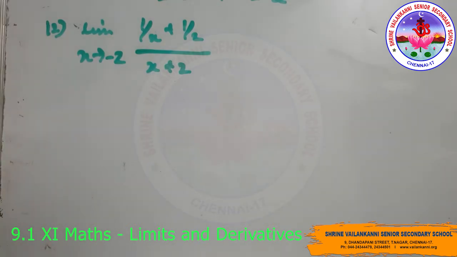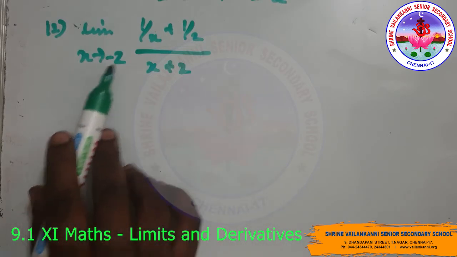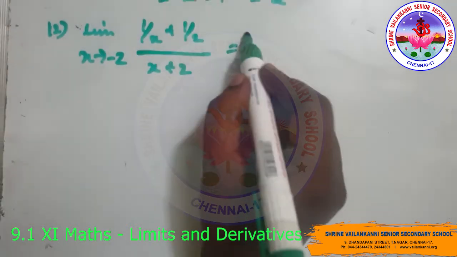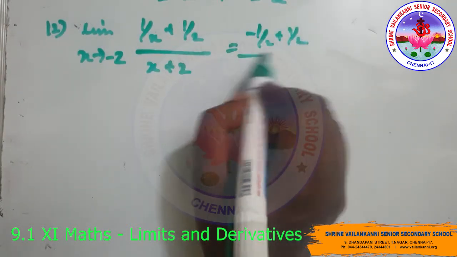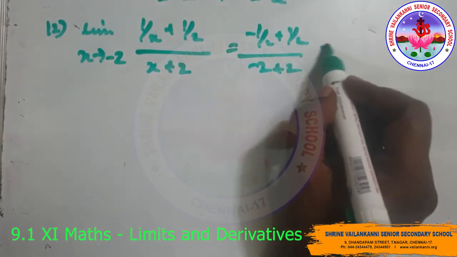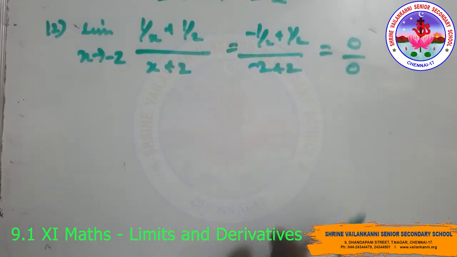12th question. Limit x tends to −2, 1 by x + 1 by 2, by x + 2. At x equal to −2, we get −1/2 + 1/2 and −2 + 2, 0 by 0. The value of the given function takes the form 0 by 0.